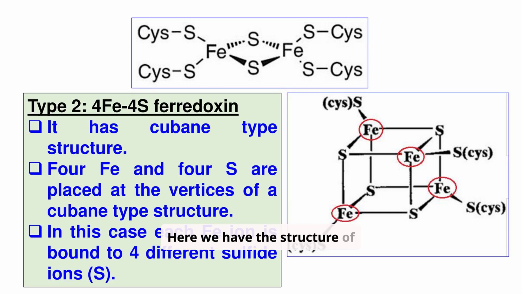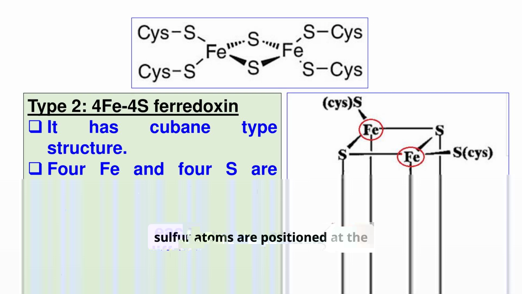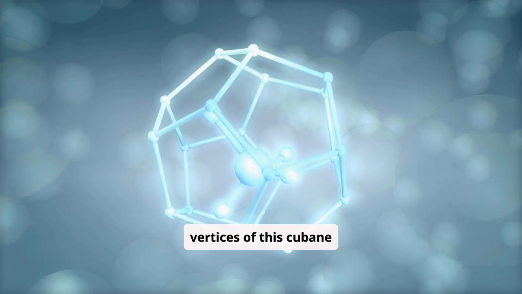Here we have the structure of type 2, 4Fe4S ferredoxin. Notice the cubane type structure. 4 iron and 4 sulfur atoms are positioned at the vertices of this cubane structure.